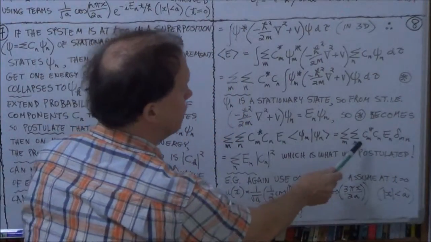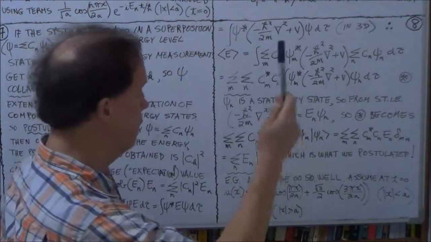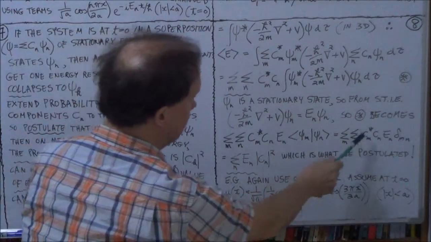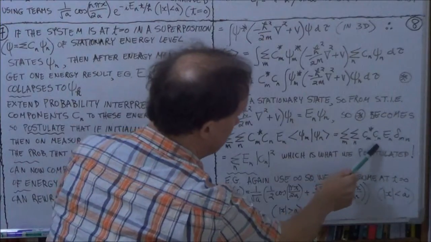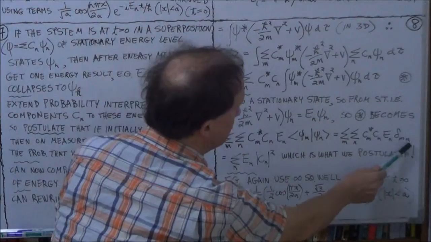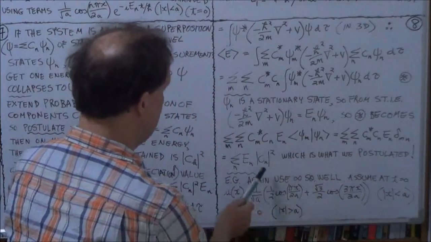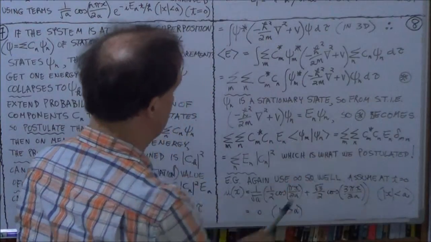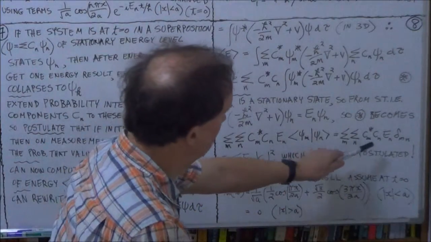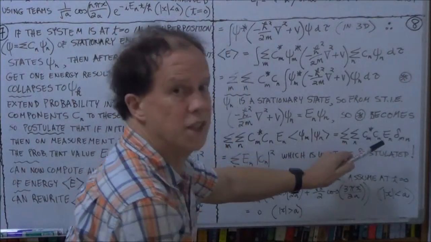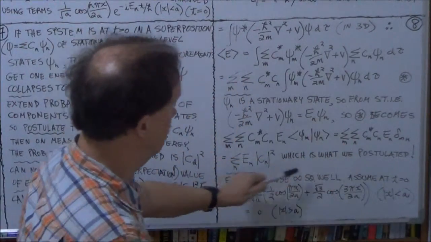So that kills one of the sigmas. Nearly all of these drop out except when m equals n. In that case, this sigma drops out. So you're just left with sigma n, and then Cn star Cn. Well, that's just Cn squared. That's where this comes from.